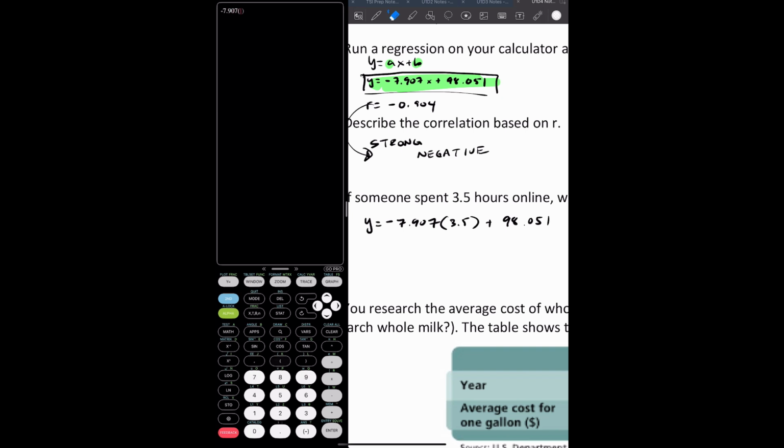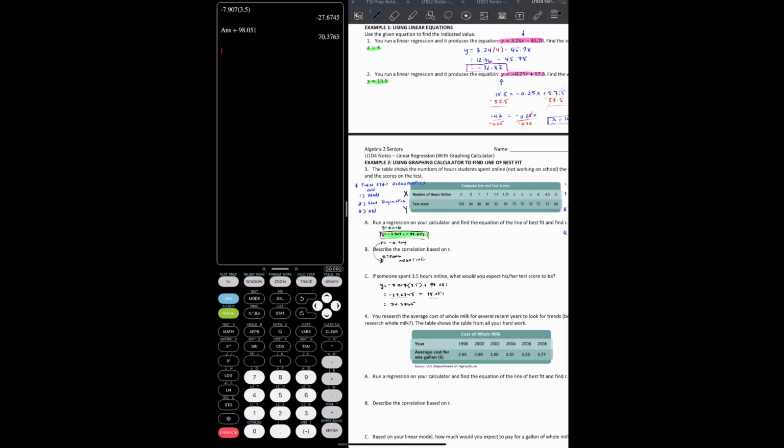So negative 7.907 times 3.5 is negative 27.6745 plus 98.051. Add these two numbers, you get 70.3765. But we're going to go ahead and find the test score.